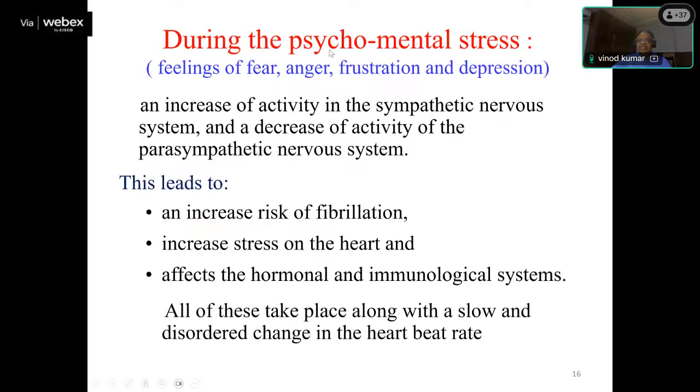Whereas during psychomental stress, psychological stress, when a person is under fear, anger, frustration, depression, in all these cases, the sympathetic nervous activity increases, and the activity of parasympathetic decreases.